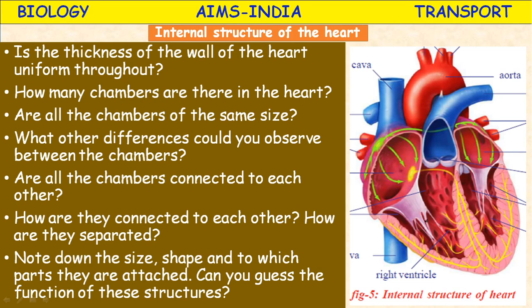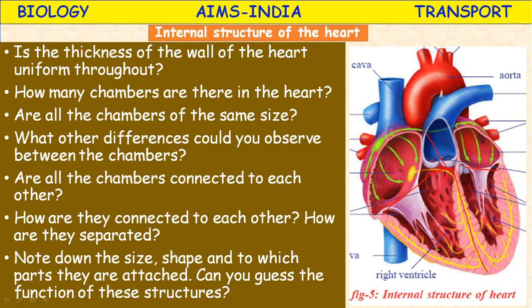Auricles and ventricles are separated by the auriculoventricular septum, which is present here, so that the auricles are separated from the ventricles. All these arrangements are such that mixing of blood is prevented.